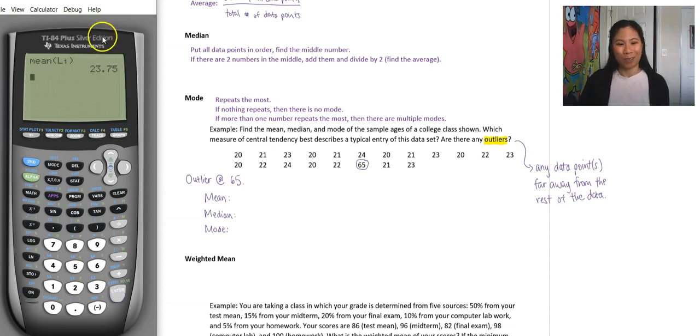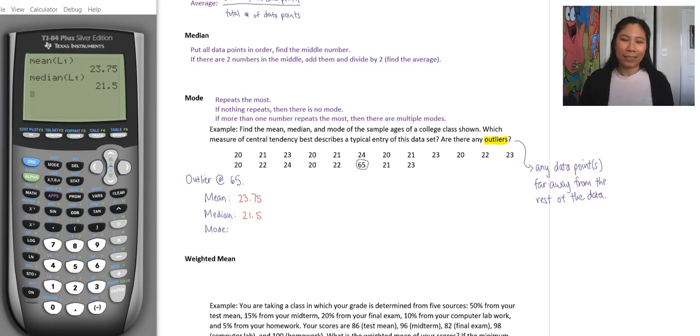It'll calculate the mean for us. So we got a mean of 23.75. We're going to do the same process to find the median. Second stat, go over to math, and then median is number 4. Then I'm going to type in L1 again, and the parentheses, hit enter. So my median is 21.5.